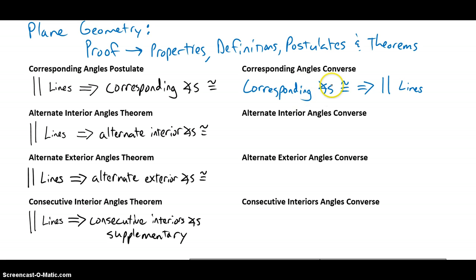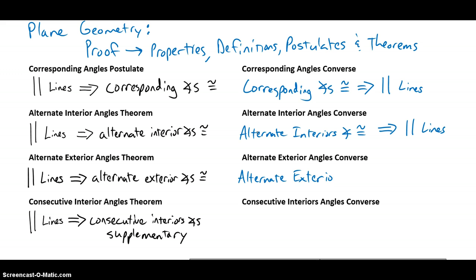If we can show that our alternate interior angles are congruent, then we can conclude that our lines are parallel. If we can show that our alternate exterior angles are congruent, then we can conclude that we have parallel lines.